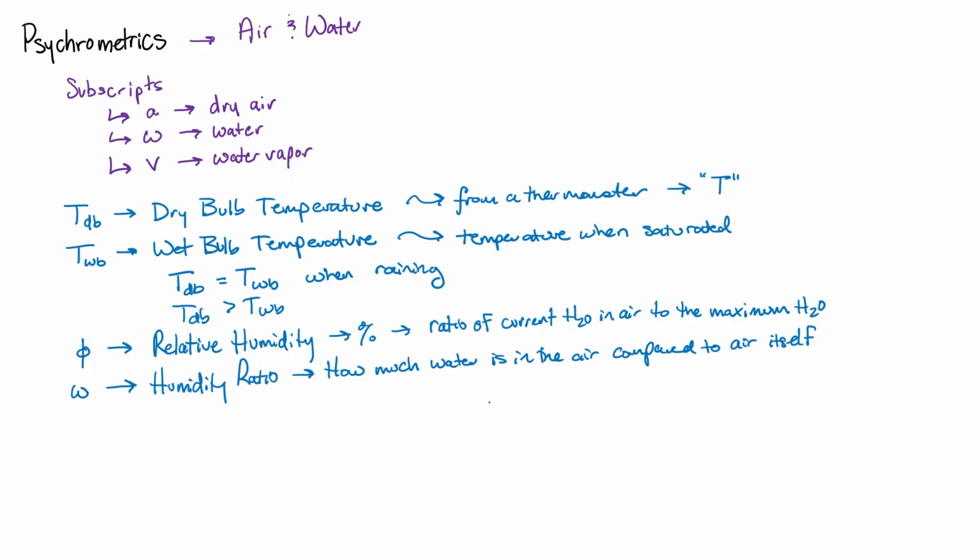So this omega is effectively going to be equal to the mass of the vapor in the air divided by the mass of the gas, or the mass of the air in the air. Notice this is not the total mass. This is the mass of the air itself.